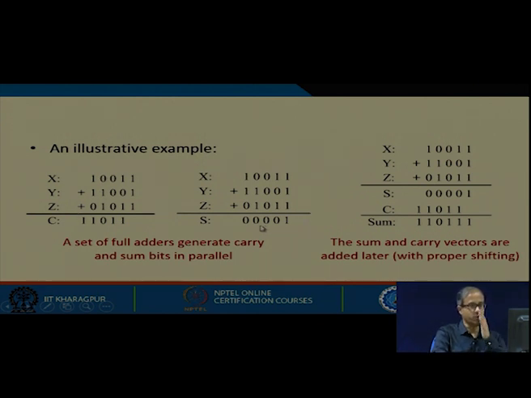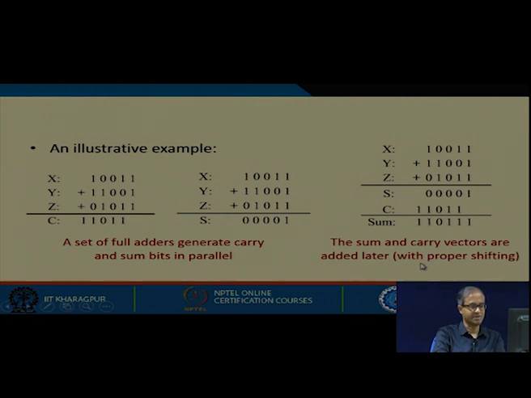Later on, this sum and carry which we have generated, we do a shift of this carry and add them up together, and we will be getting the final correct sum. So we are not unnecessarily carrying out carry propagation; we are leaving carry and sum as 2 separate words, and later on we add them together after proper shifting, like a 1-bit shift, so the carry will be shifted by 1 place.